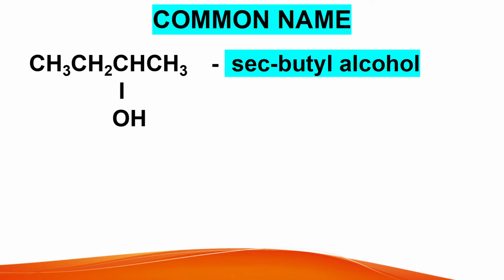And there are 4 carbon atoms in this structural formula. So, the name of the alkyl group is sec-butyl. Add the word alcohol, so the name of this alcohol is sec-butyl alcohol.